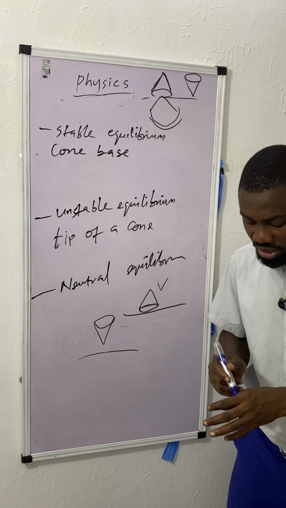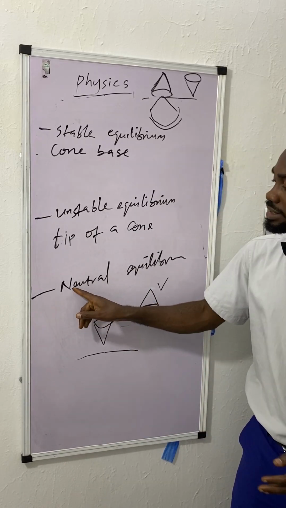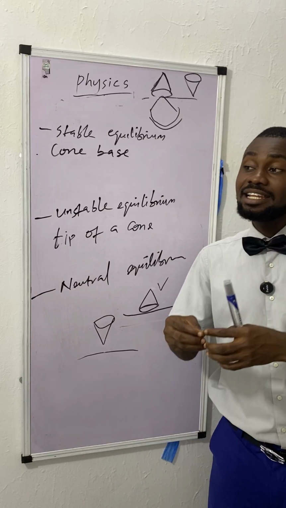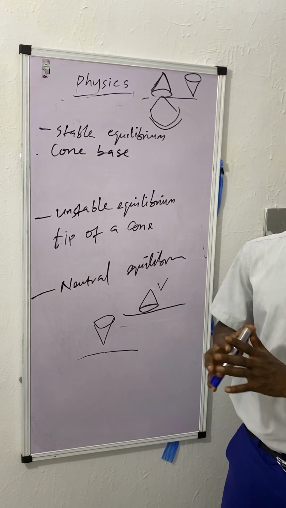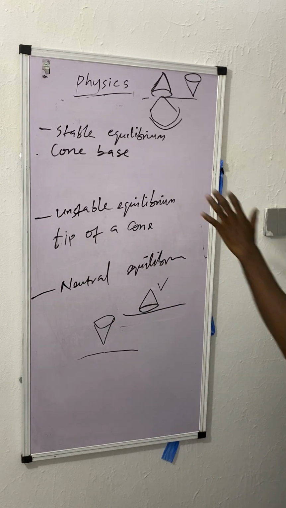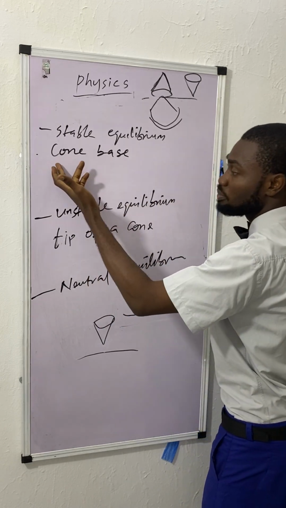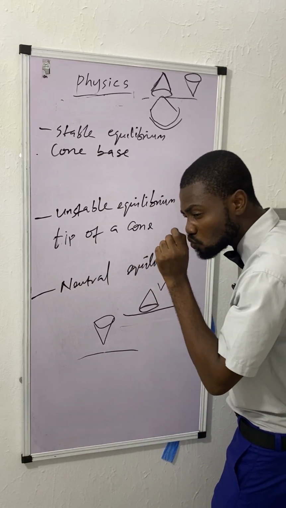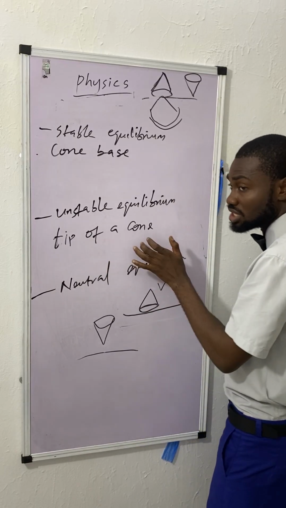Therefore, neutral equilibrium is when you disturb a body and the body attains an entirely new position. You can see how it started. Stable: you disturb the body, it returns to its original position. Unstable: you disturb the body, it topples over, with just a little displacement from the original position.